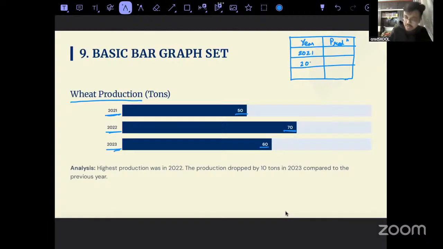So how much wheat is produced in 2021? 50 tons. How much wheat is produced in 2022? 70 tons, and 60 tons. How did we write this? Through the data given. 2022 is 70, 2021 is 50, 2023 is 60. Now the other way of giving this question can be of this manner.